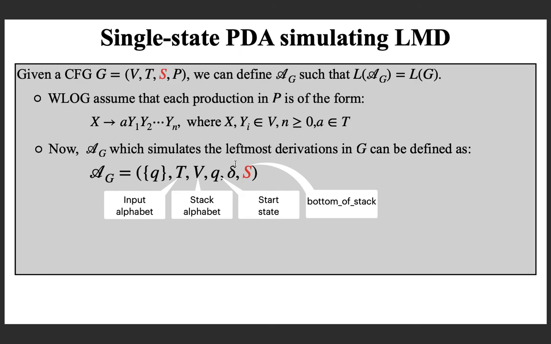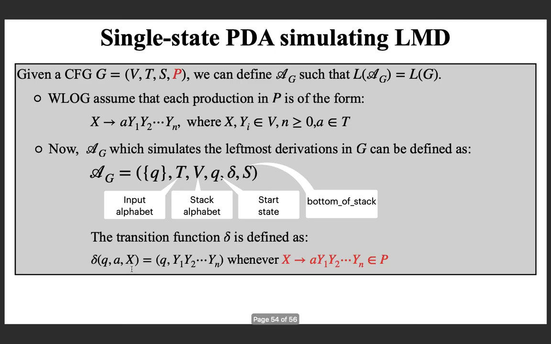And now it remains to see what the transition relation is. It is defined as follows. If you have a production X going to small a followed by this string of non-terminals in P, then what do you want to have here?